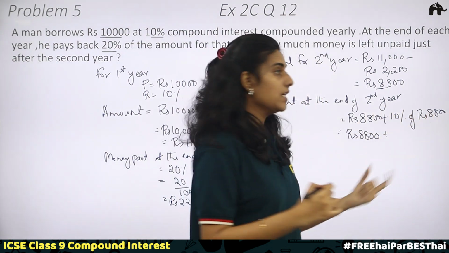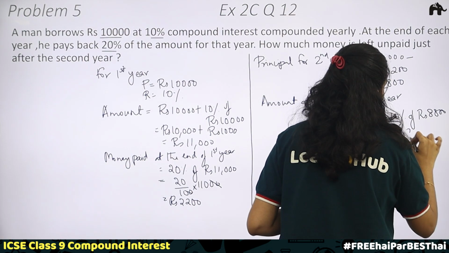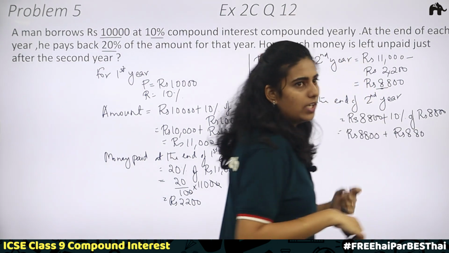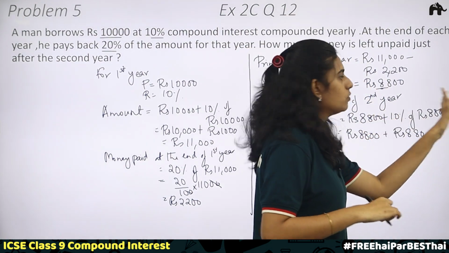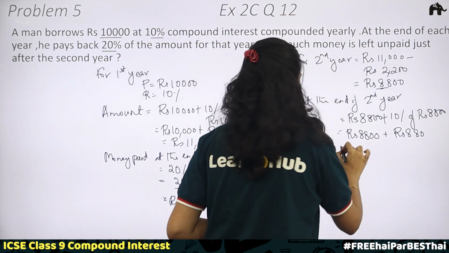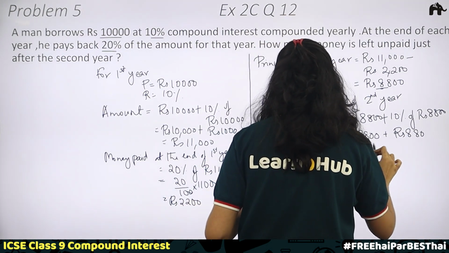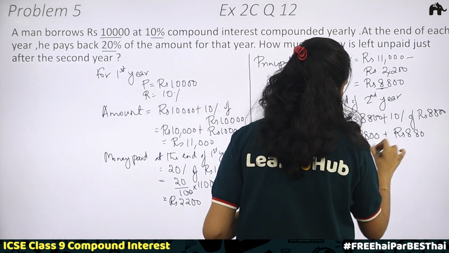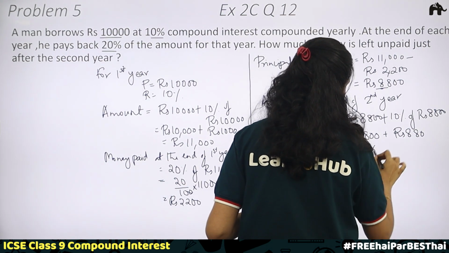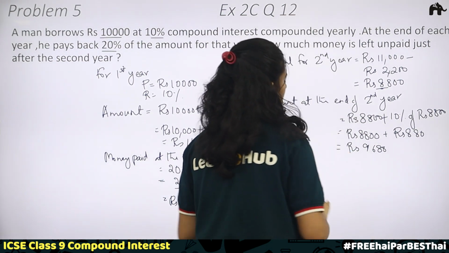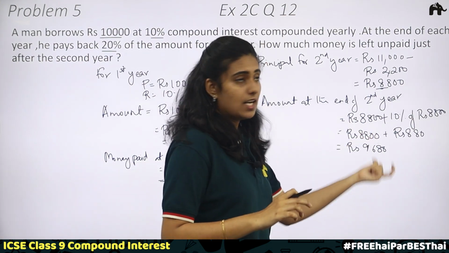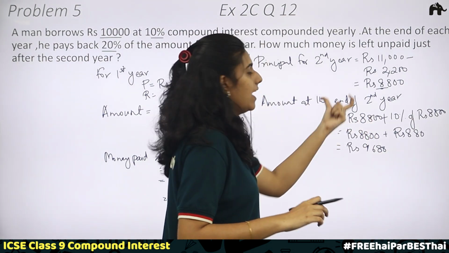What do we get? Rupees 880. Okay, 10% means just we have to remove one zero. Adding, what do we get? Rupees 9,680. Okay, this rupees 9,680 is the amount at the end of second year.